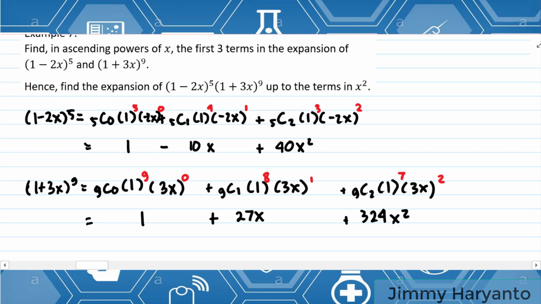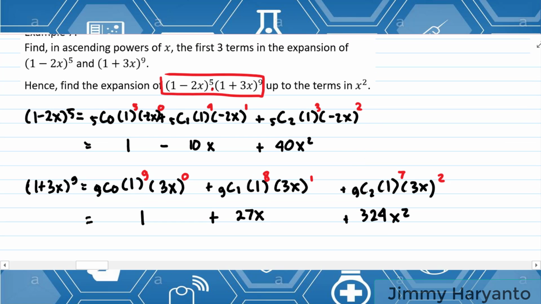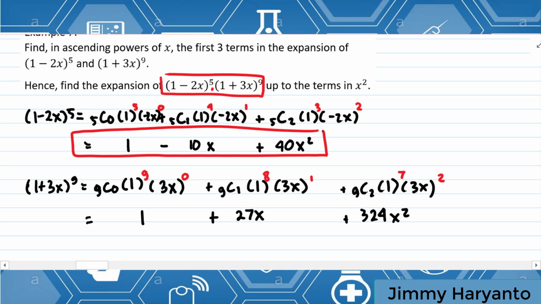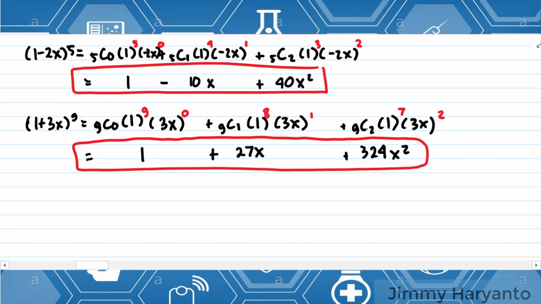Hence, find the expansion of that times that. So this times this up to the term of x squared. Okay, so now we have to multiply it. Multiply the first answer and the second answer. Okay, let's rewrite them.